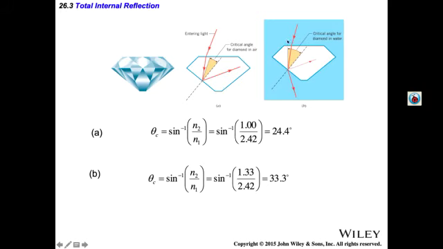And so the 28 degrees is not changed. Since the 28 degrees is less than 33, some of it's going to be reflected back in, but some of it is going to get out. Whereas in air, when it's coming in at 28 degrees, it's going to stay inside completely.